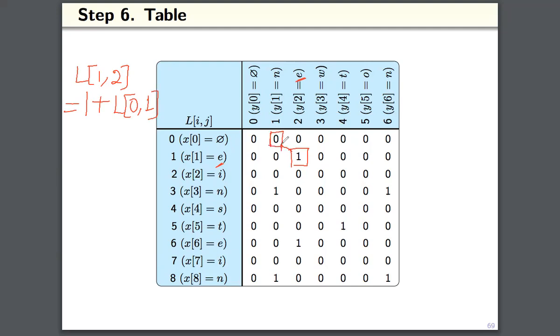What is L of 0 comma 1? It is 0, so 0 plus 1 is equal to 1. Hence the answer is 1. Make sense?